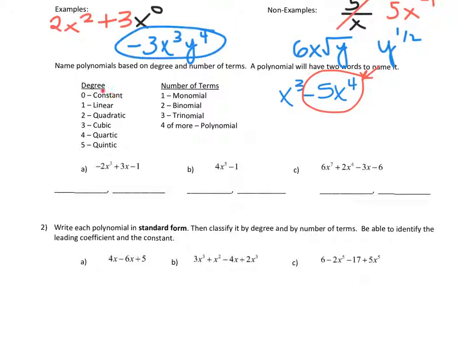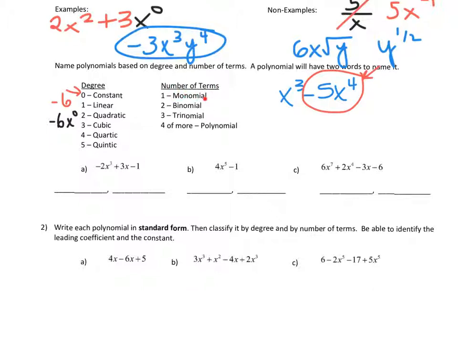Degree 0 would mean that you don't have a variable with it, such as the number -6, because technically you can write -6x to the 0, because x to the 0 is just 1.